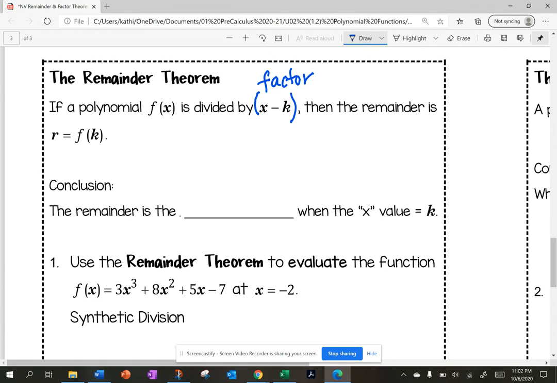So the zero, or the coordinates, I should say, the coordinates are at (k, 0). And when I'm switching between the point and the factor, these are opposite signs.